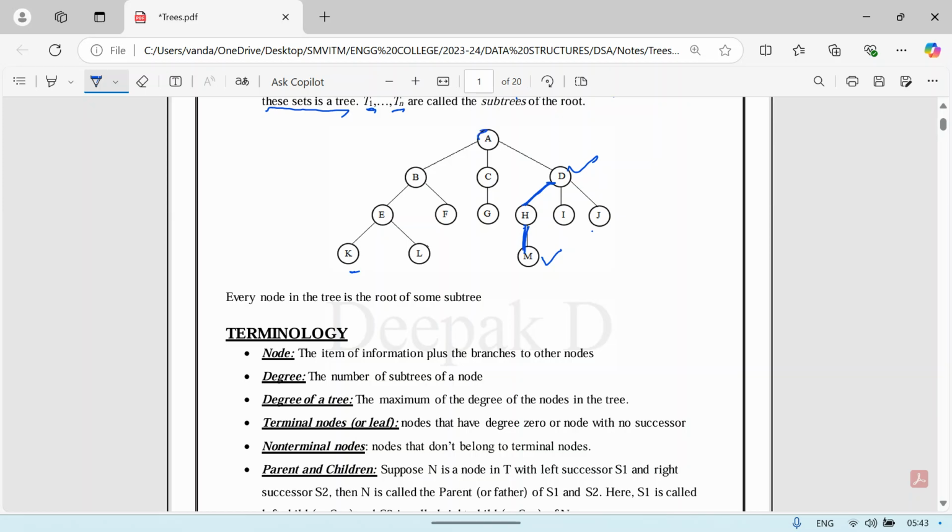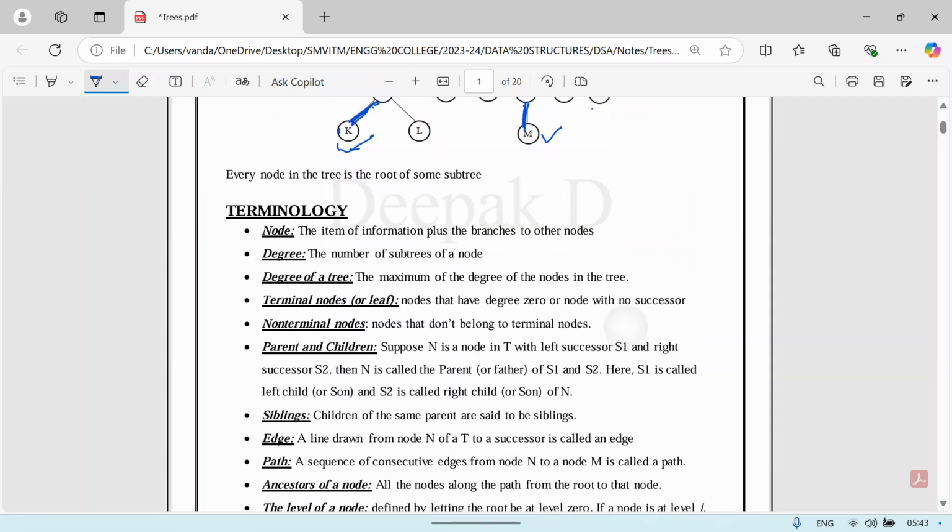Likewise, the path from A to K, let's say A to K. So it is from here, this, then this. So how do you define a path? A sequence of consecutive edges from a node N to a node M. So the edges between two different nodes are called the path.